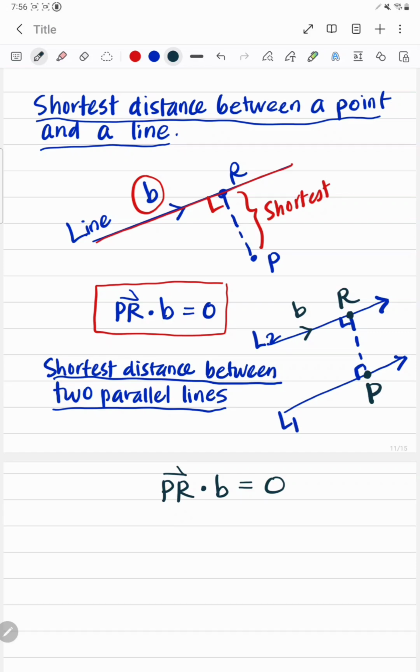If we know point R, and point P is a fixed point we know, then we can find the modulus of PR. That will be the shortest distance between two parallel lines. Meaning to say, we will be using PR dot B equals 0 to find the shortest distance between a point and a line, and also the shortest distance between two parallel lines.